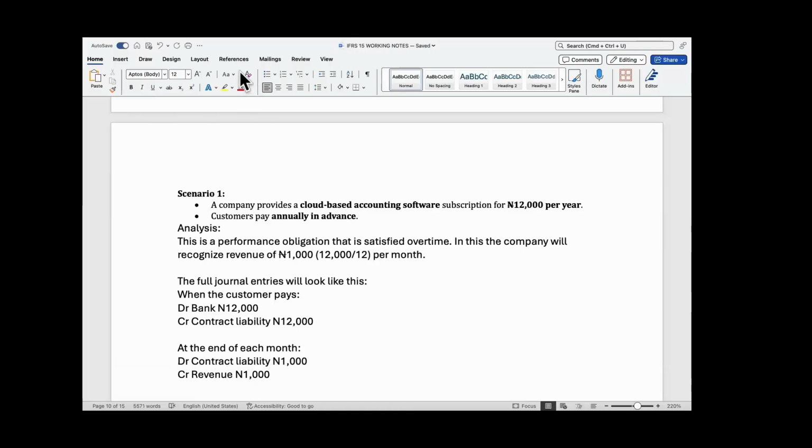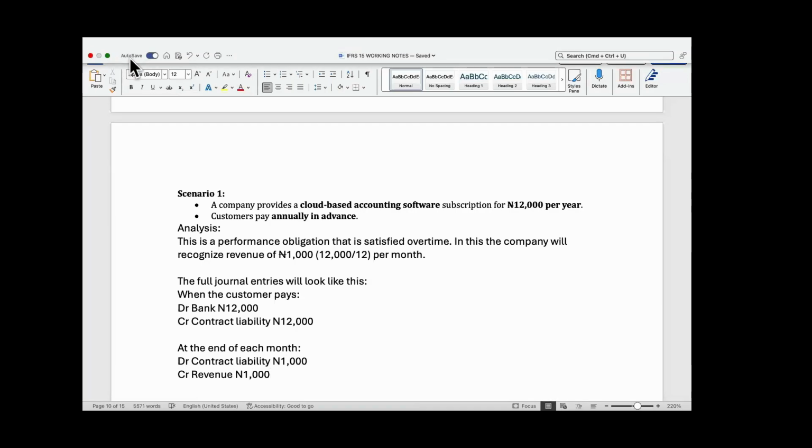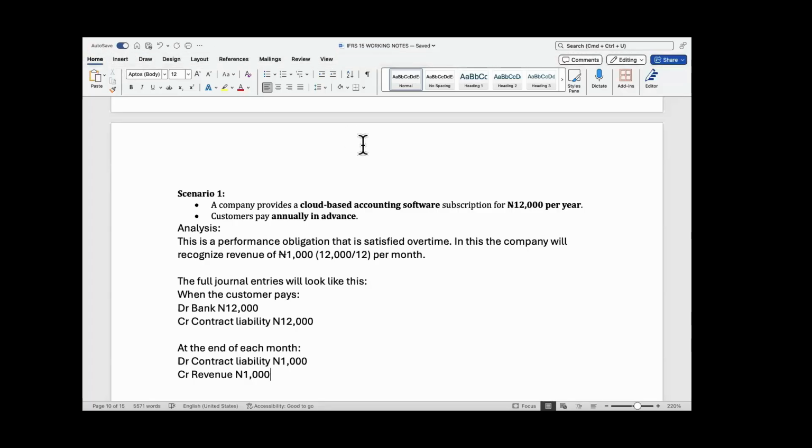Is there anything like unearned revenue? Though I know it's the same thing as contract liability. There's nothing like that in IFRS 15. What people used to call it is deferred income, that's the common one, but there's really nothing like that.